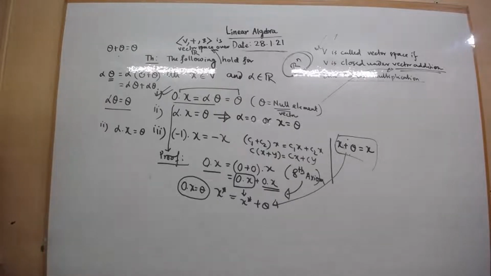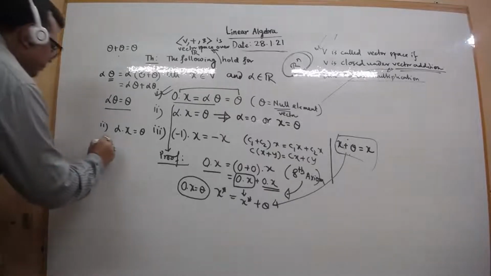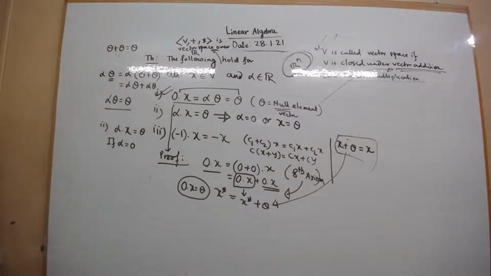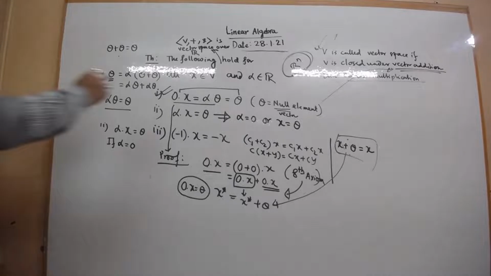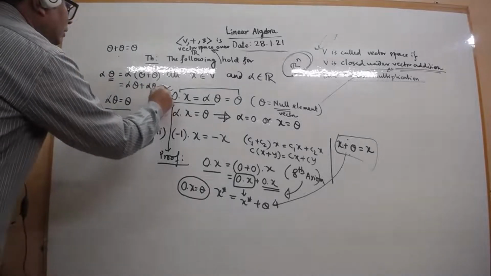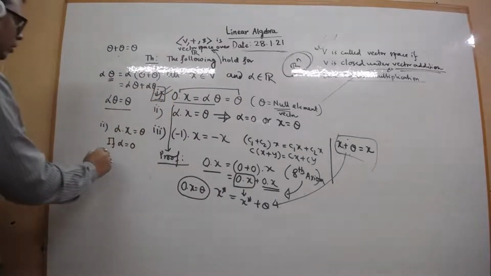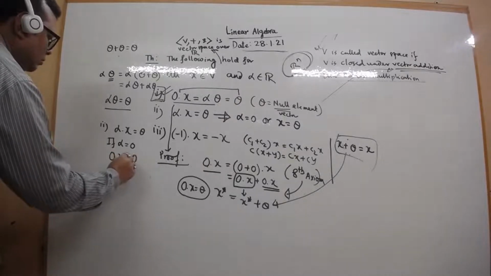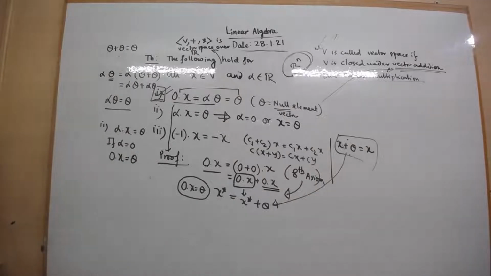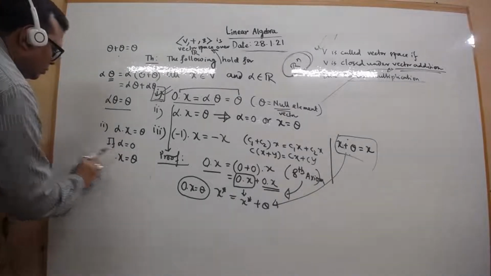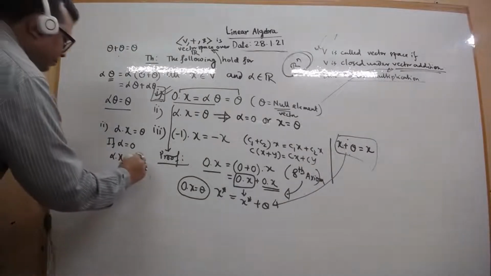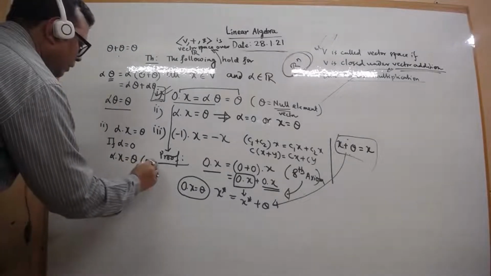That is null limit. If alpha equal to 0, then from 1, this is obvious. Okay? It's trivial or obvious.